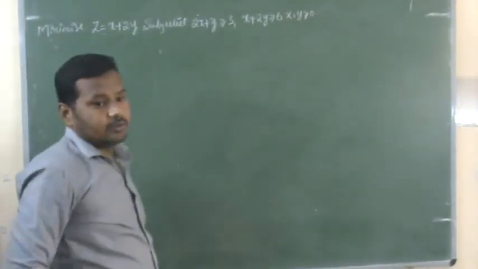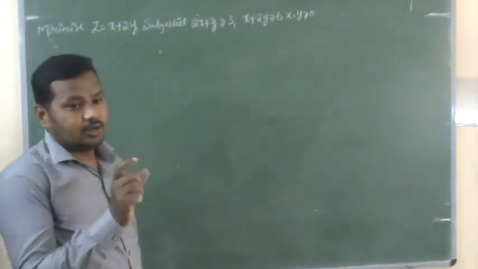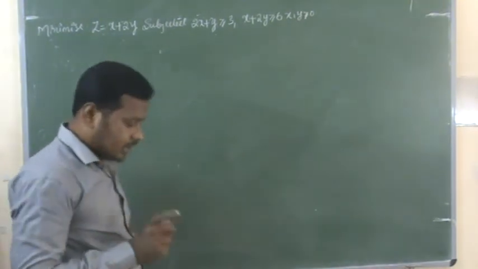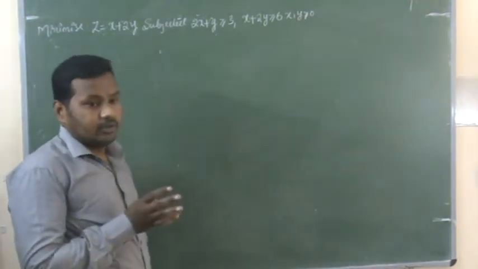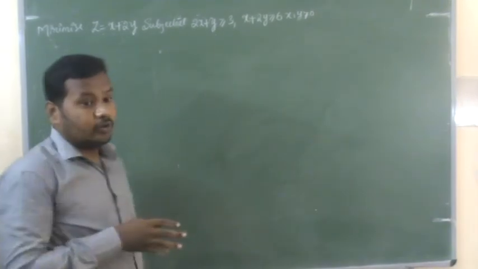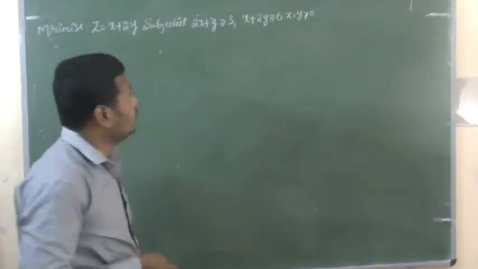In the previous problems, the objective function Z occurred at only one point. Here, Z will occur at more than two points.